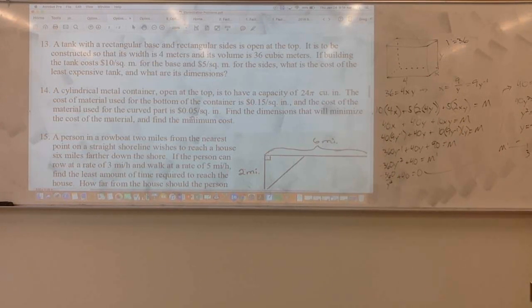So 120, 240, 60 is 300. Oh, yeah, 90. About to say. So what's that? 330, yeah. So our dimensions are 4 by 3 by 3, and the least expensive tank would be $330.